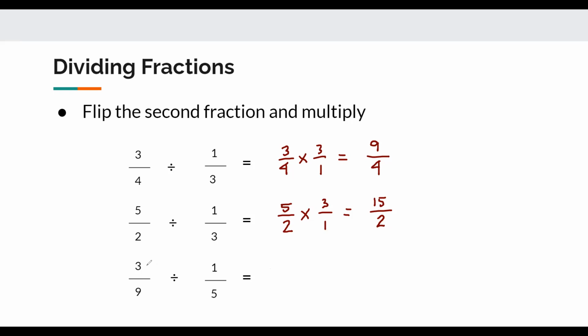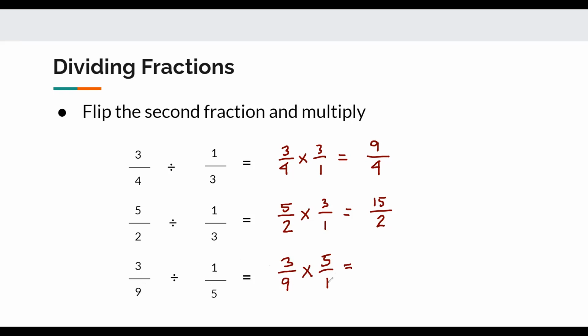One more. 3/9 divided by 1/5. 3/9 times 5/1. We kept the first fraction the same, 3/9. We turned it into multiplication.